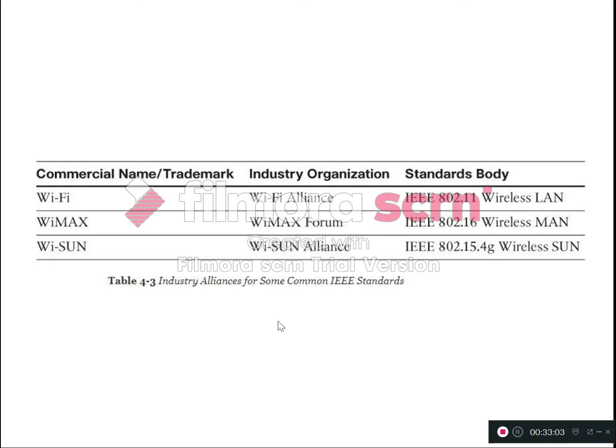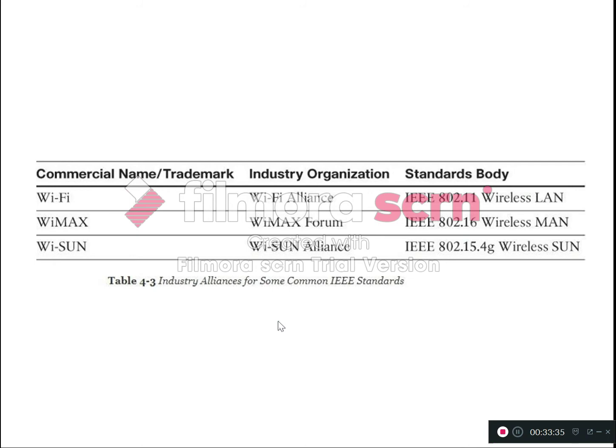Wi-Fi: the industry organization is the Wi-Fi Alliance and the standards body is IEEE 802.11 wireless LAN. The commercial name is WiMAX, the industry organization is the WiMAX Forum, and the standards body is IEEE 802.16 wireless MAN. Wi-SUN: the industry organization is the Wi-SUN Alliance, and the standards body is IEEE 802.15.4g, which is our discussion now.